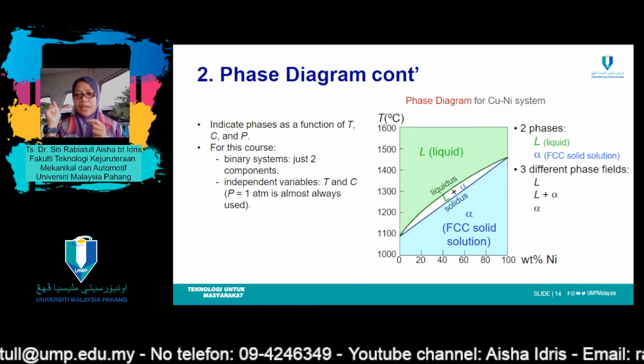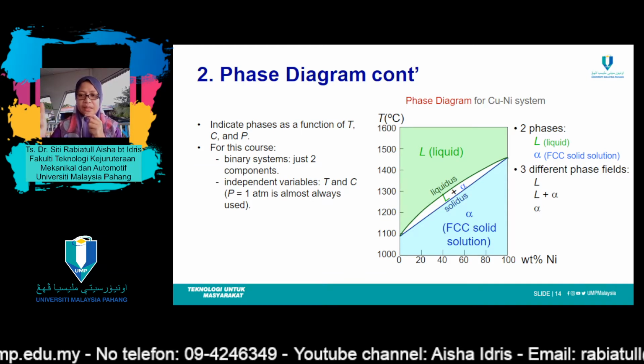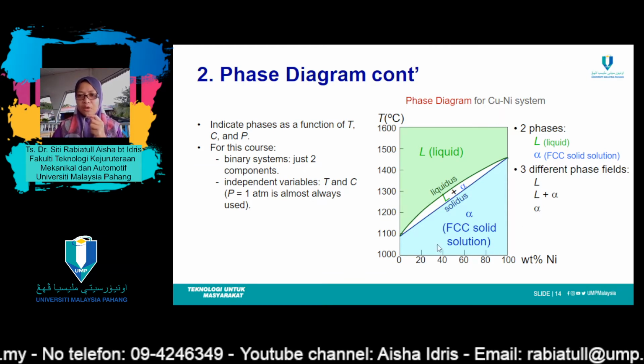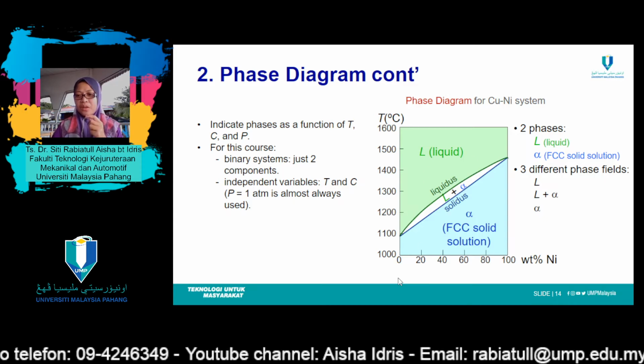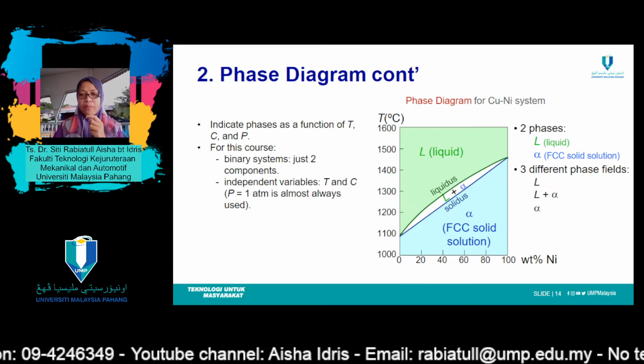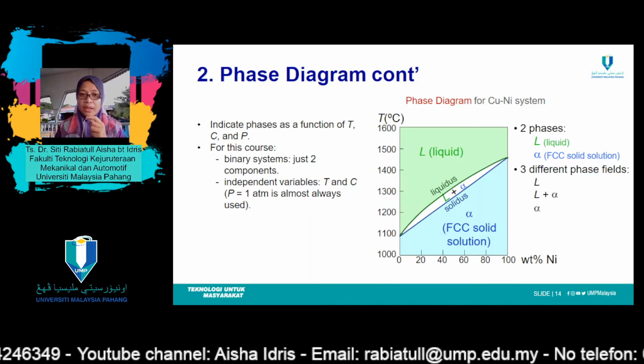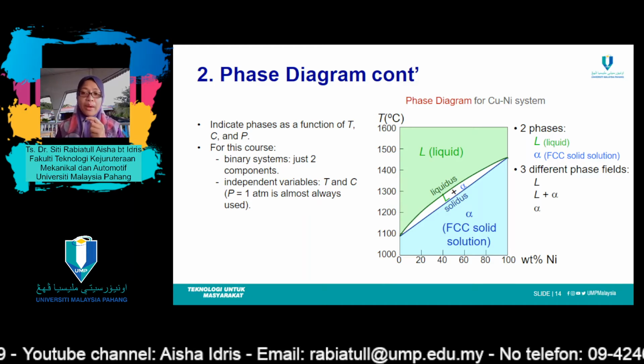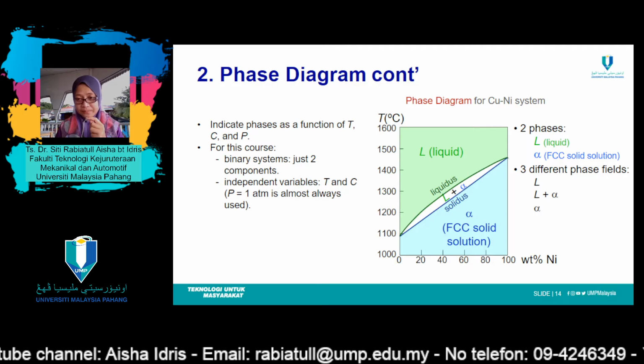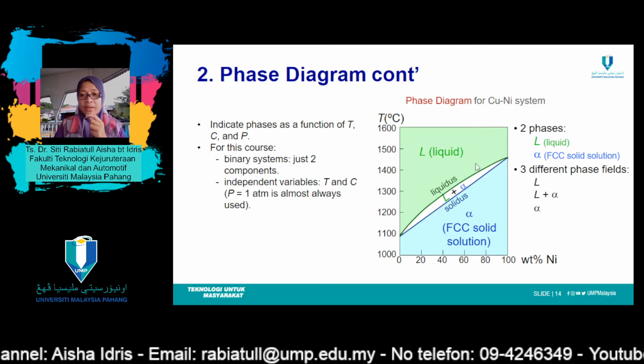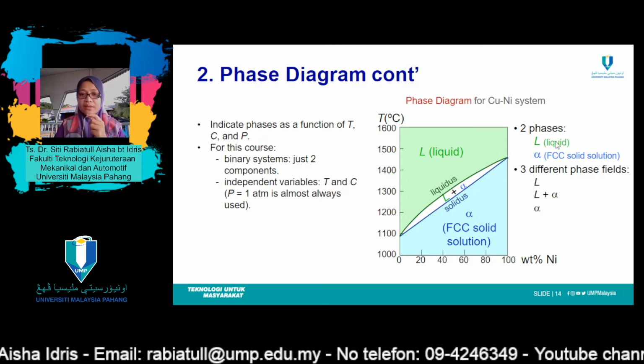Okay, taking an example of the copper nickel system. This is the copper nickel phase diagram. So if you refer to this diagram over here, how many phases exist in this system? Well, the answer is already over here.